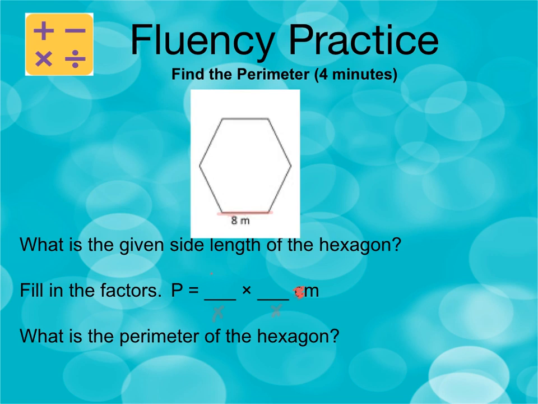So I have 6 sides on my hexagon and each side is 8 meters. That would mean my perimeter would be 6 sides times 8 meters is equal to 48 meters. P is equal to 48 meters.